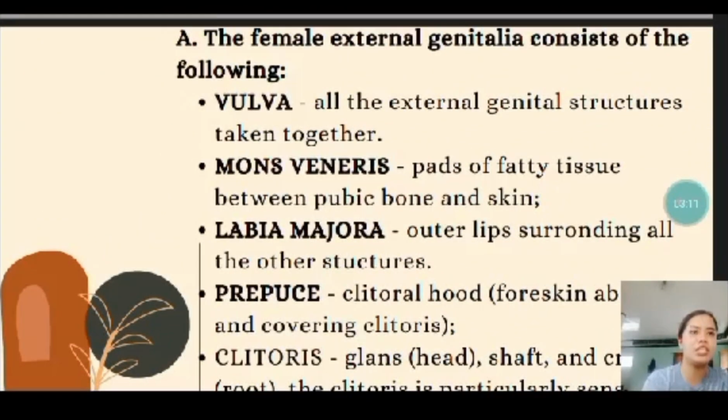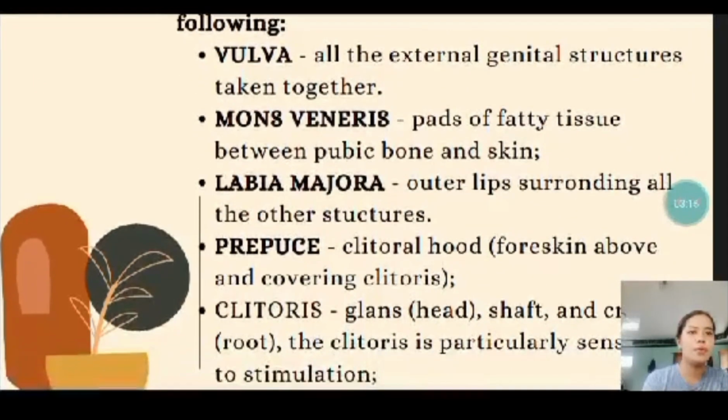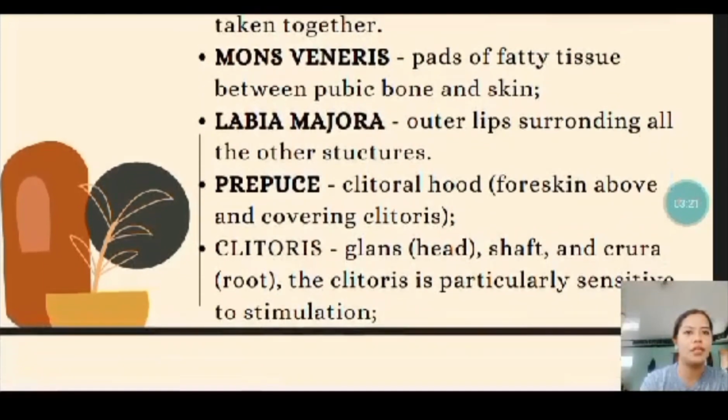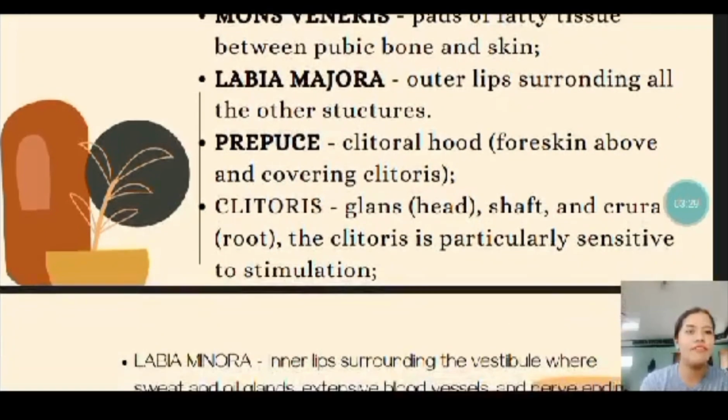The female external genitalia consist of the following. Vulva: the external genital structures taken together. Mons veneris: pads of fatty tissue between the pubic bone and skin. Labia majora: outer lips surrounding all the other structures.